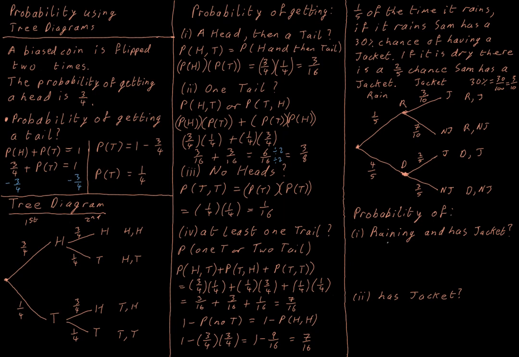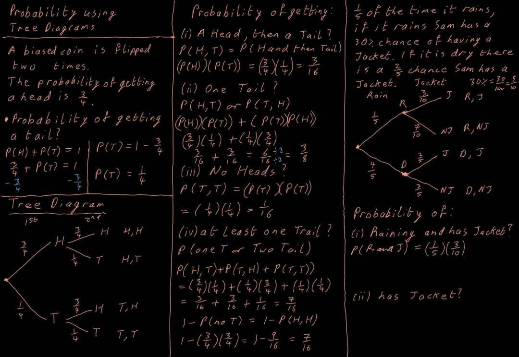So what is the probability of it raining and Sam has a jacket? So raining and jacket. Well, that is going to be 1/5 of the time it is raining, and 3/10 of that fifth is Sam is going to have a jacket.